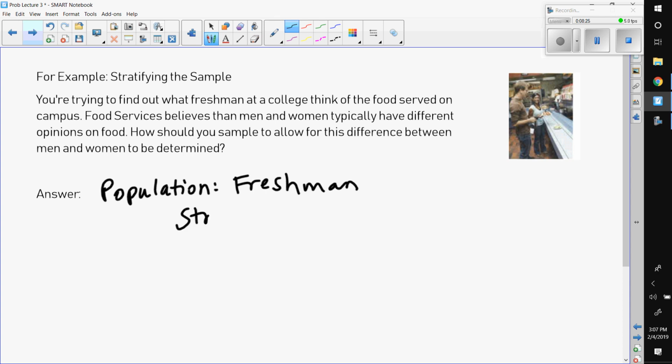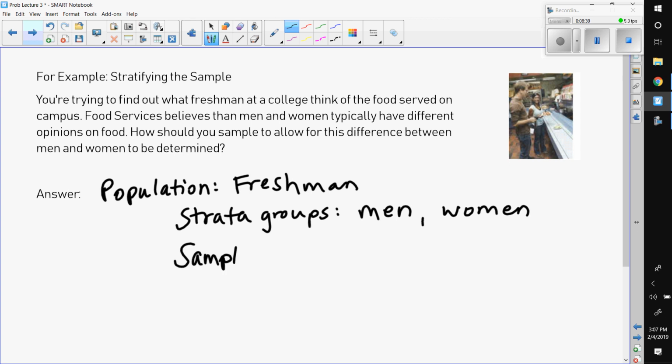My strata groups are men and women. So I've got 2 groups here, and then from there you want to take a simple random sample of men and a simple random sample of women.